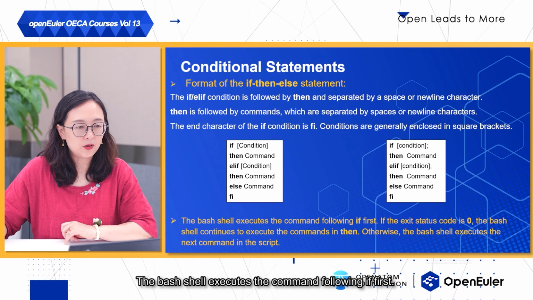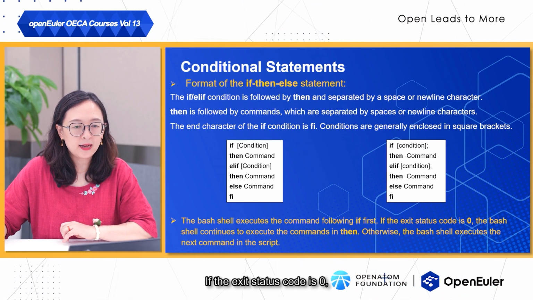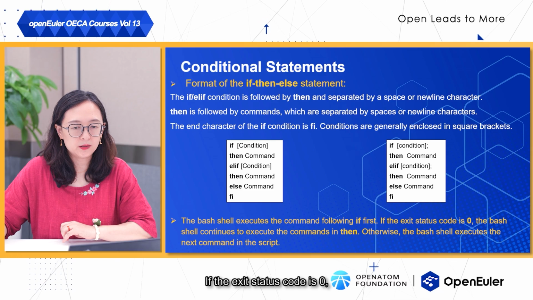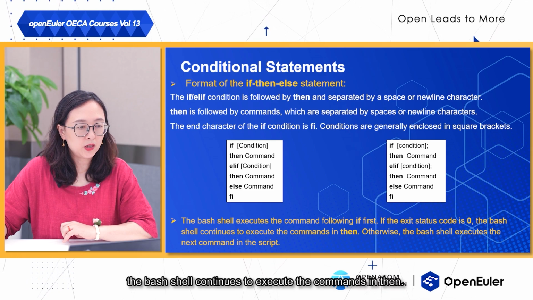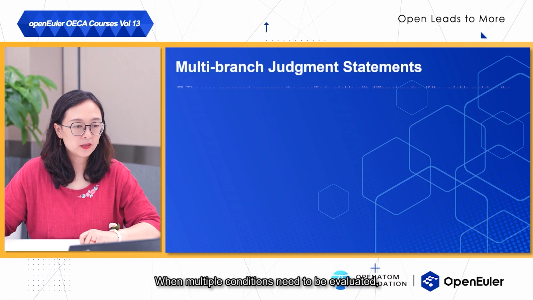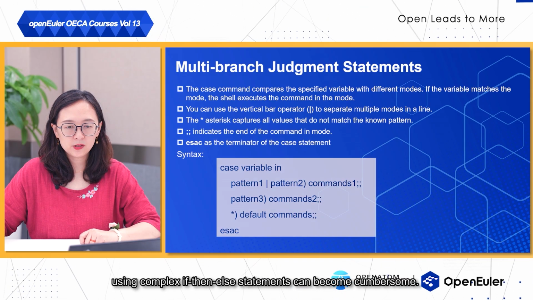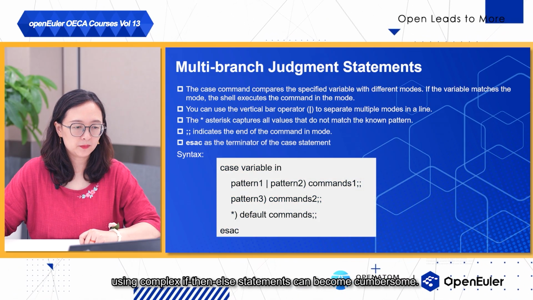The Bash shell executes the command following if first. If the exit status code is 0, the Bash shell continues to execute the commands in then. Otherwise, the Bash shell executes the next command in the script. When multiple conditions need to be evaluated, using complex if-then-else statements can become cumbersome.